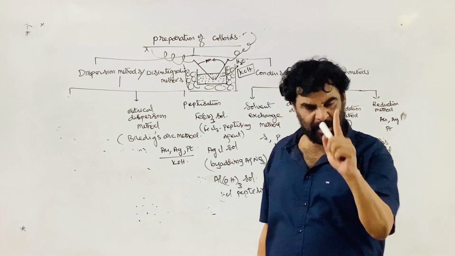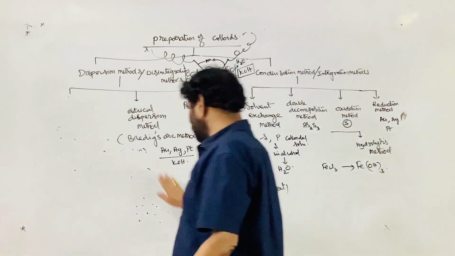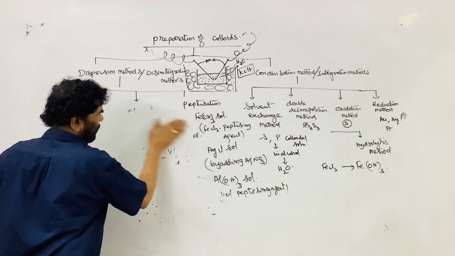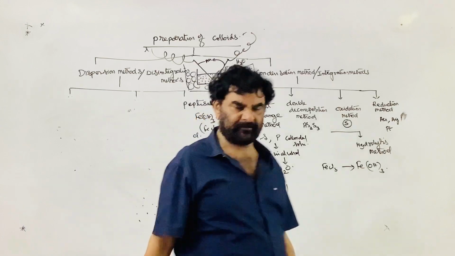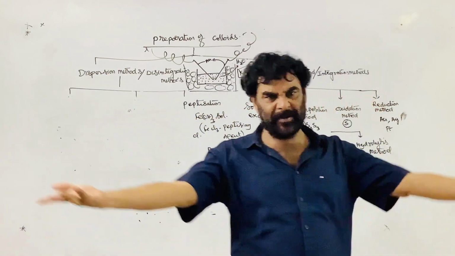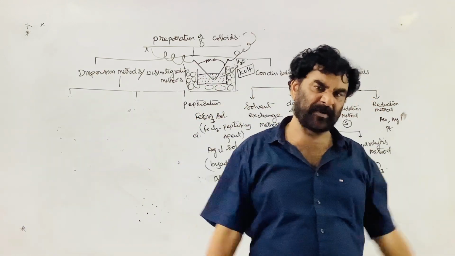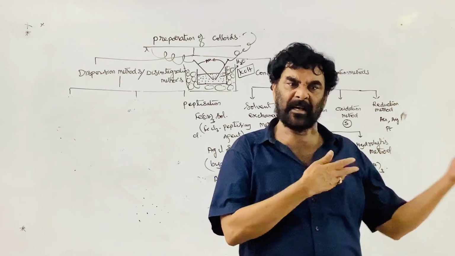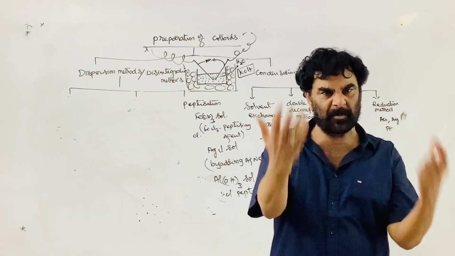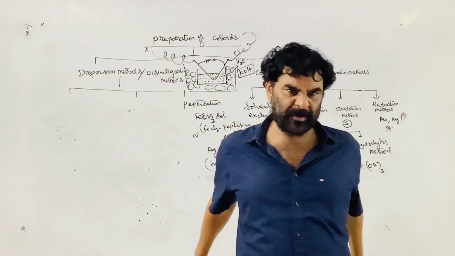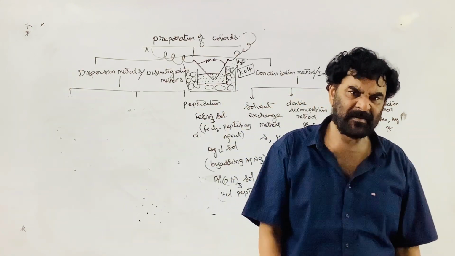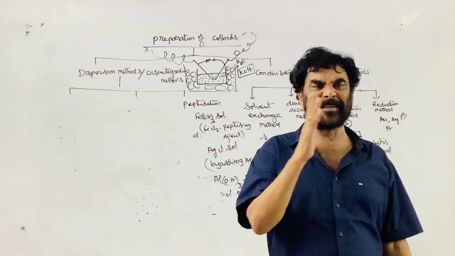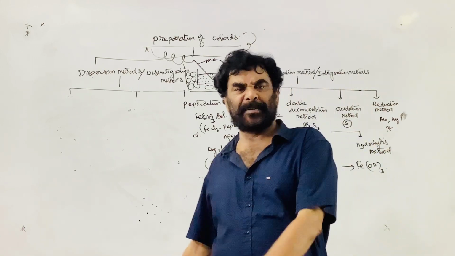So what do they do in this procedure? A freshly prepared precipitate is required. The materials can be aluminum hydroxide precipitate, ferric hydroxide precipitate, silver chloride, silver bromide, silver iodide precipitate, or copper ferrocyanide precipitate.